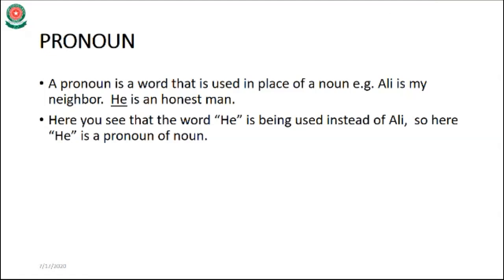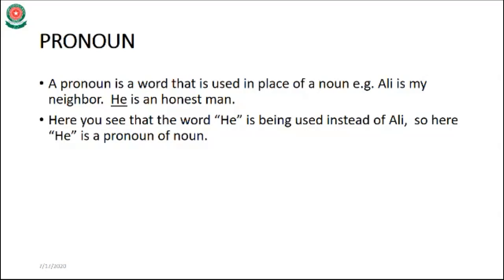For example, see the example. Ali is my neighbor. I told you that you can write a letter or an essay about Ali's personality. In all the sentences, why can't you keep using the word Ali?